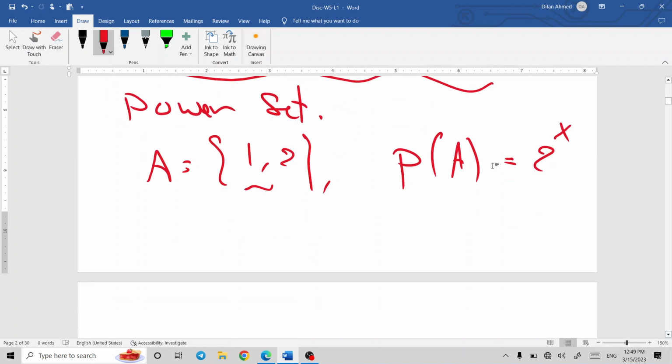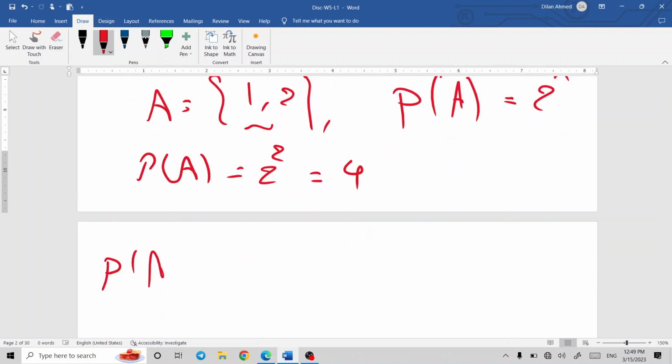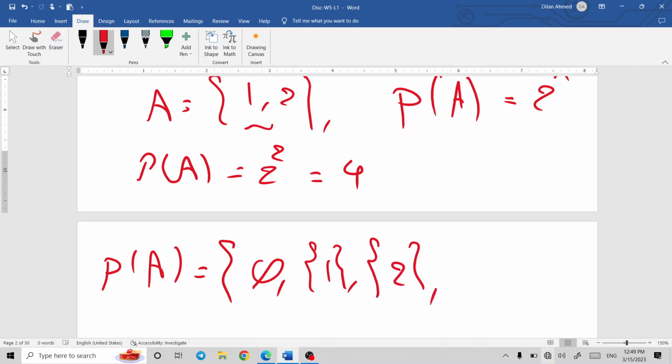In A, I have 2 to power 2, which is equal to 4. So kindly show me the set. What do you mean by 4? I say each set has phi in it, right? Each set has the empty set in it. Now I have single 1 alone, or again single 2 alone, or the set itself.